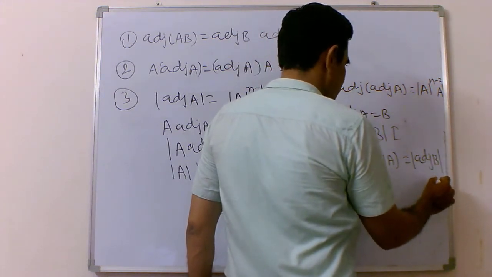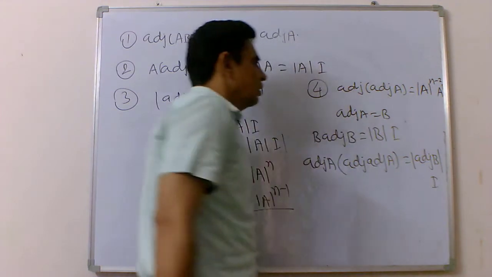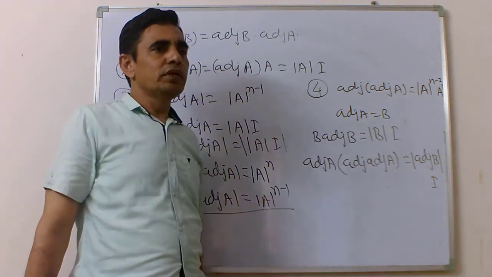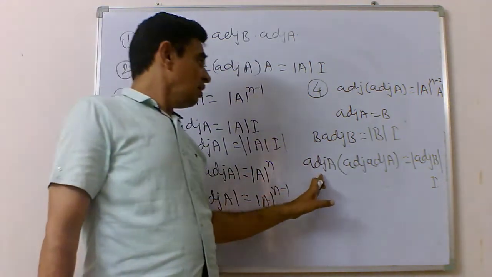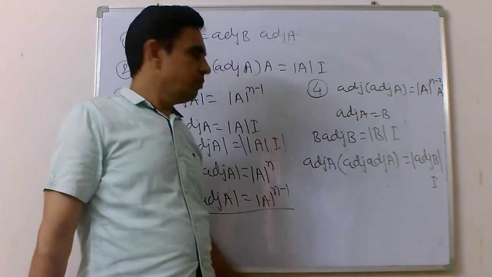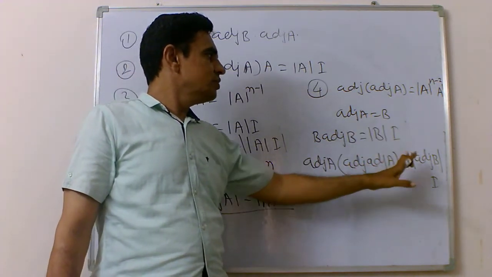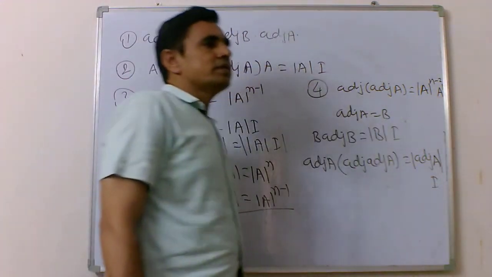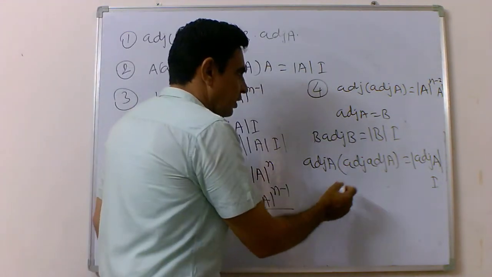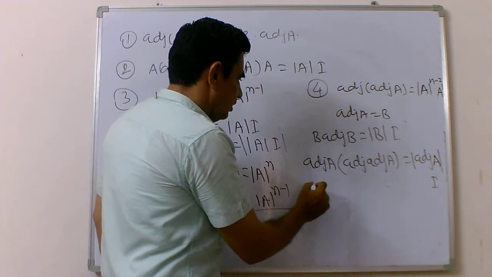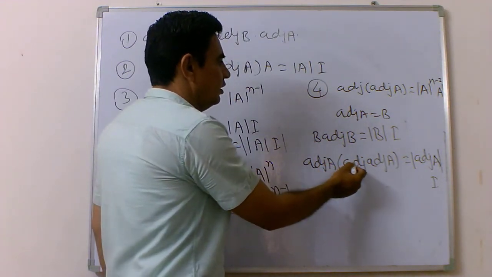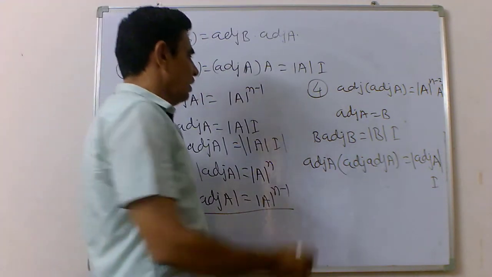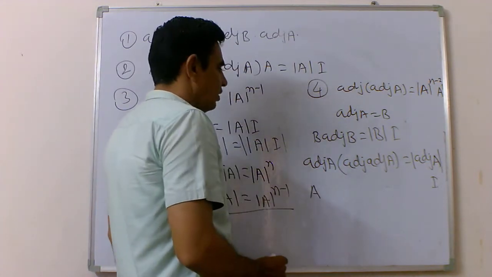into I. Right? Use this property. B into adjoint of B is equal to determinant of B into I. Now put here B is equal to adjoint of A. Sorry, here adjoint of A, B replaced by adjoint of A. Then take here adjoint of A into adjoint of A is equal to determinant of A into determinant of adjoint of A into I. Now multiply both sides by A. What we get here?